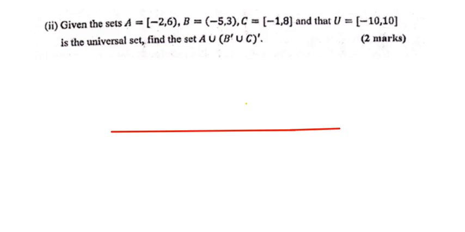We have been given the universal, so we'll also list the universal. Is that okay? Yes. So we say negative 10, and we have 10 there.